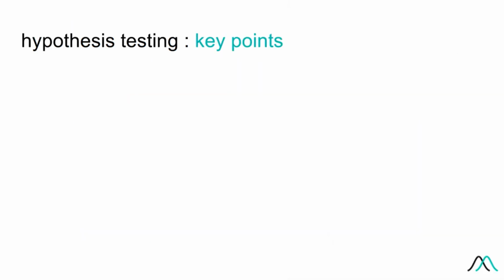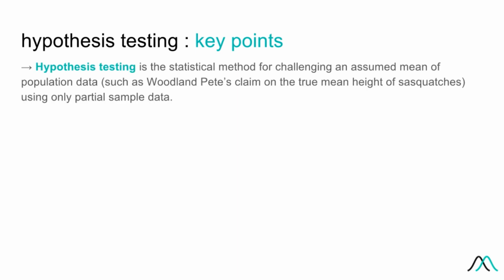And finally, the key points from this part. We've learned that the statistical way we can challenge an assumed mean, having only partial data, only a sample, such as the question of the true mean height of Sasquatches, which has animated this series, is what parametric hypothesis testing is all about.